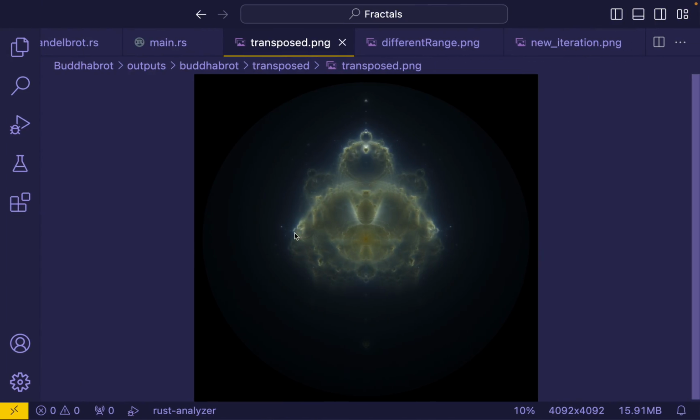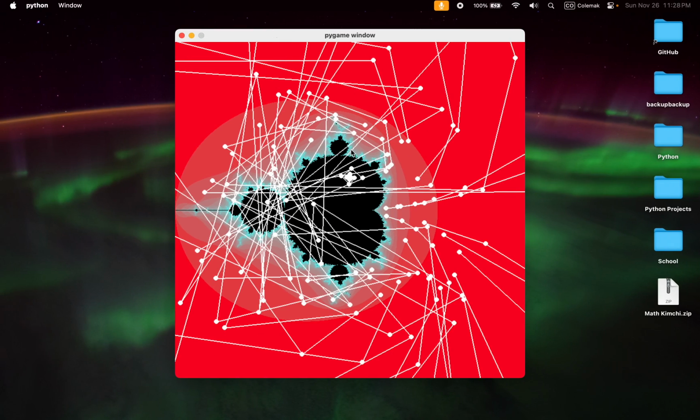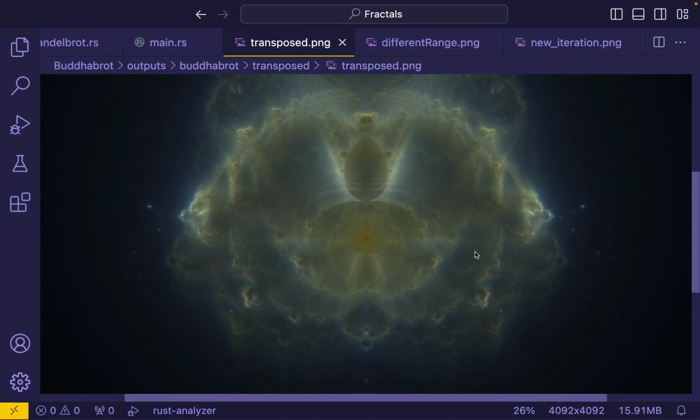So a lot of these bright points are because before something leaves, it kind of stays around before leaving.